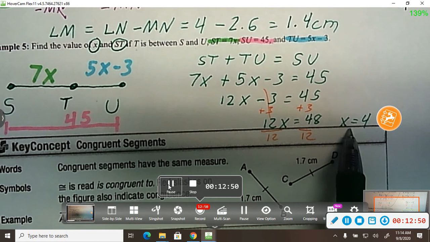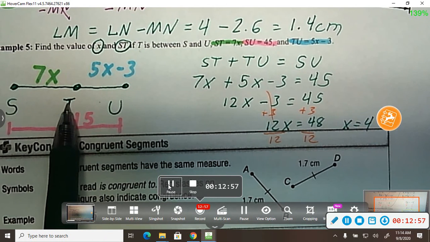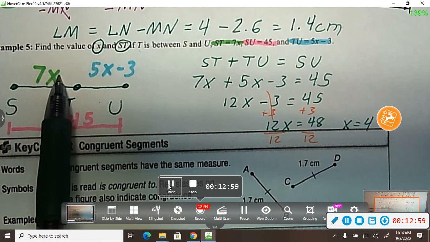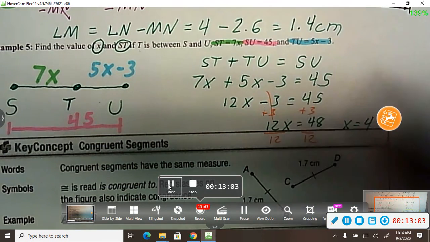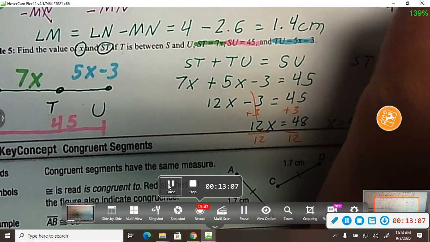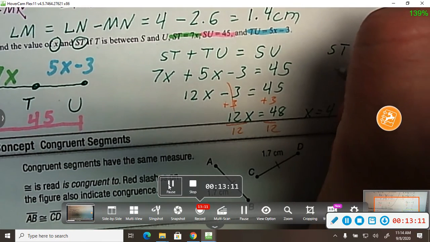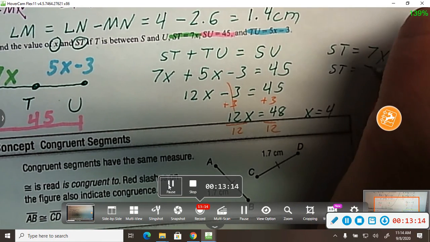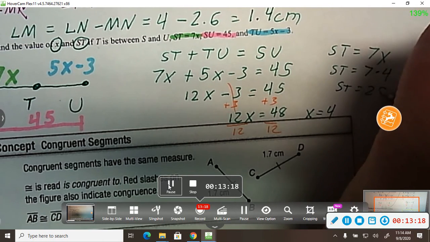They said, what is x? X is 4. Now they also asked, what is ST? Well, ST is not 4. We need to plug 4 in for x. So ST is 7 times 4. And what is 7 times 4? 28.